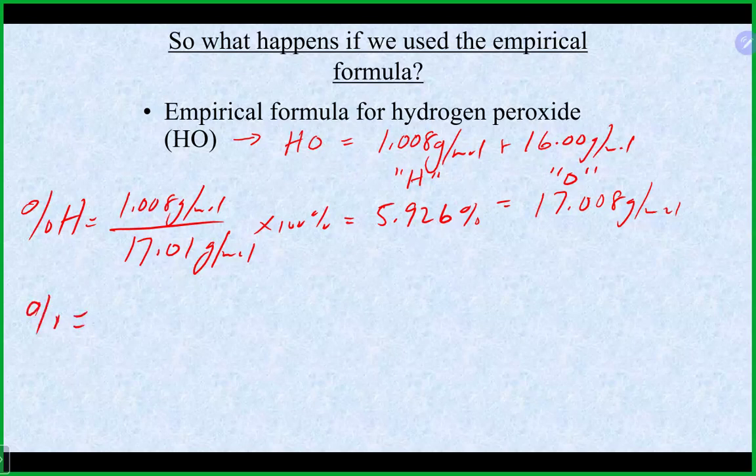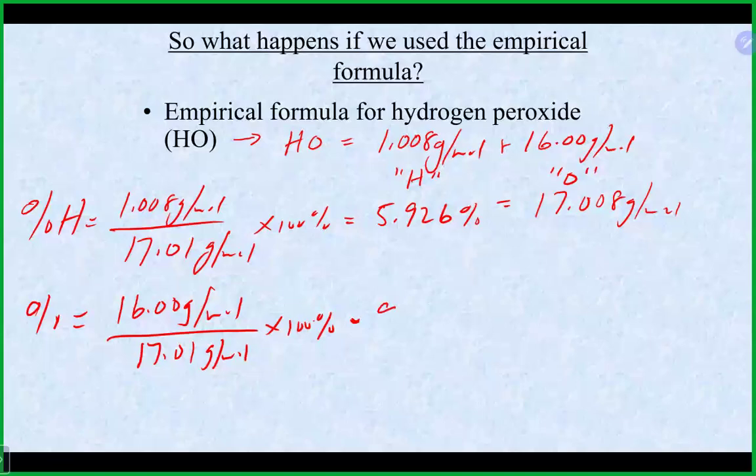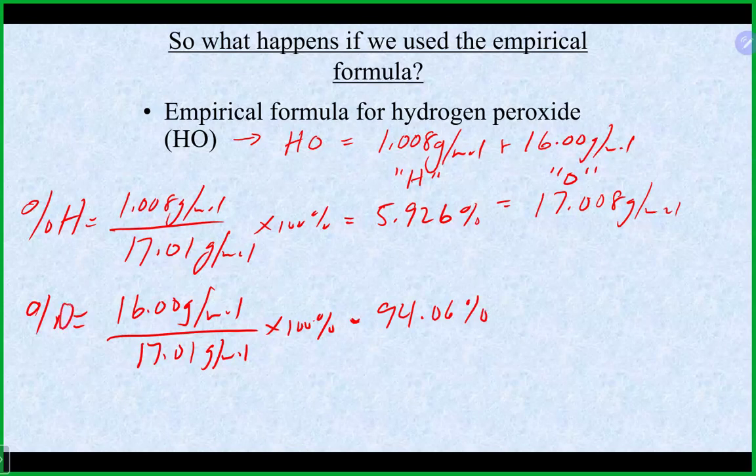And if we do oxygen, it will come out very similar: 16 grams per mole for the one oxygen, divided by 17.01 grams per mole times 100%. And we will end up with about 94.06% oxygen.